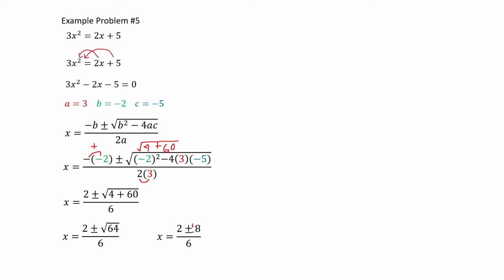Now let's separate it, since it has two signs, the positive and negative sign. So this will be 2 plus 8 over 6 and 2 minus 8 over 6. 2 plus 8 equals 10 over 6. And we can simplify this by dividing by 2 and 2.